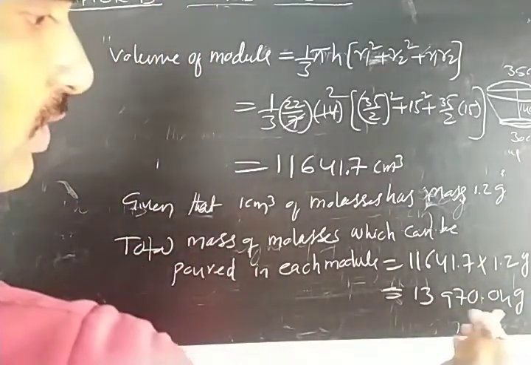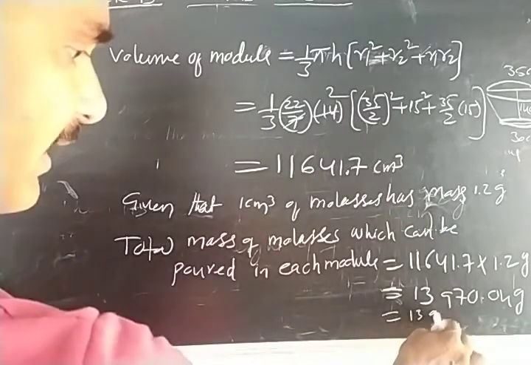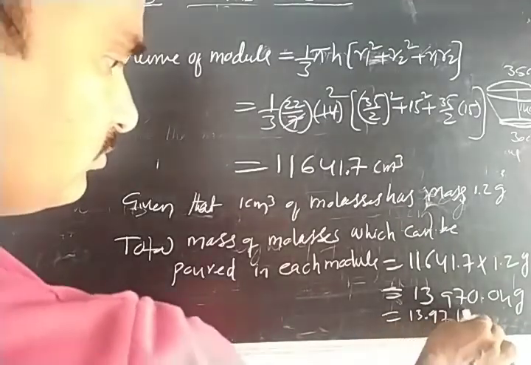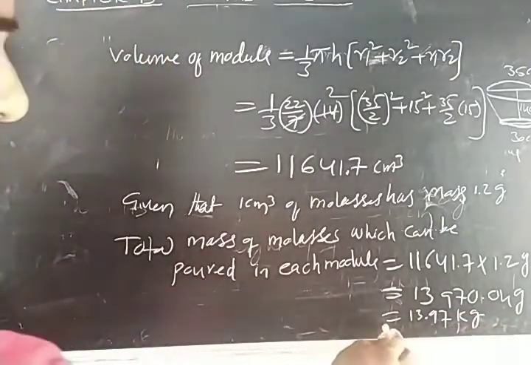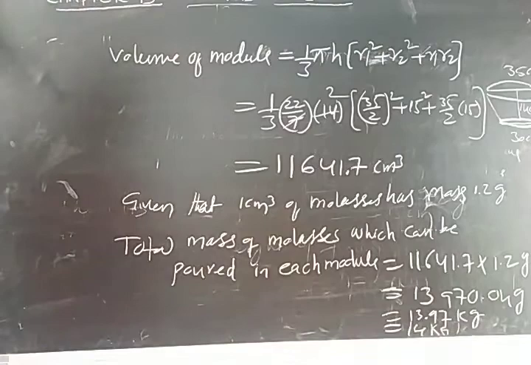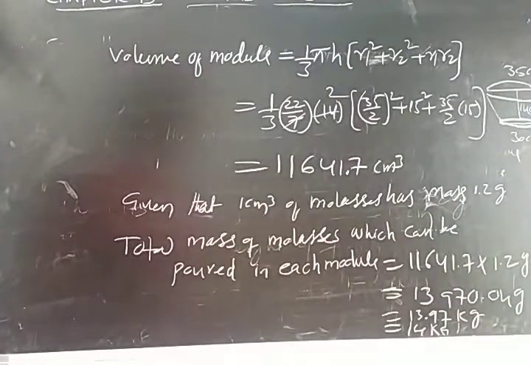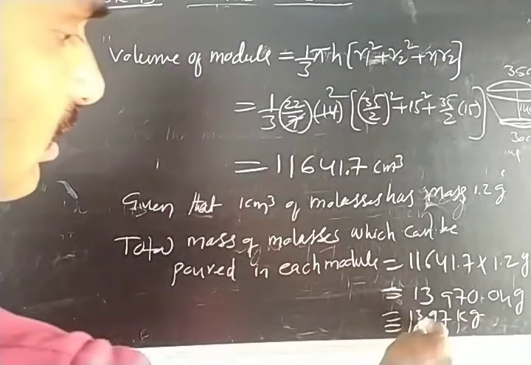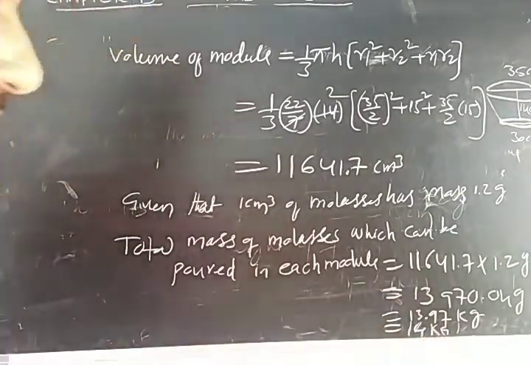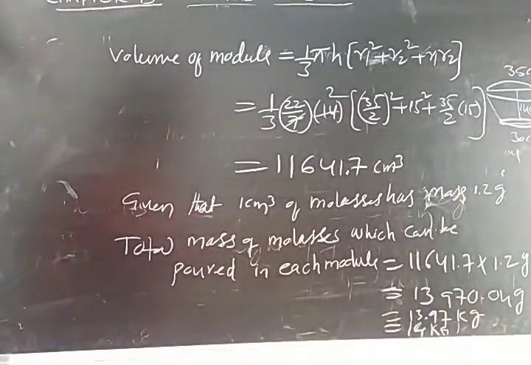After converting into kilograms, it becomes 13.97 kilograms. By rounding off, you get exactly 14 kgs. So each mold can hold approximately 14 kilograms of molasses.